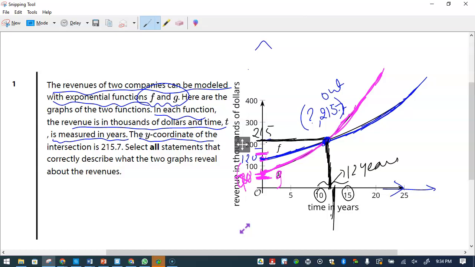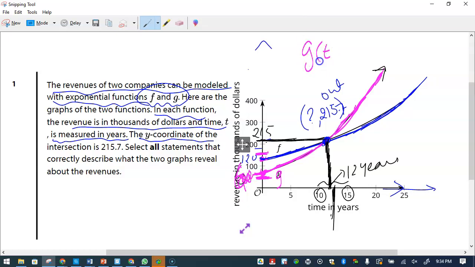The first question is asking: the intersection of the graphs tells us when the revenues of the two companies grow by the same factor. Now, look at this part. I can make my own functions. The pink graph looks like it starts at 60, so I can make my own g function.